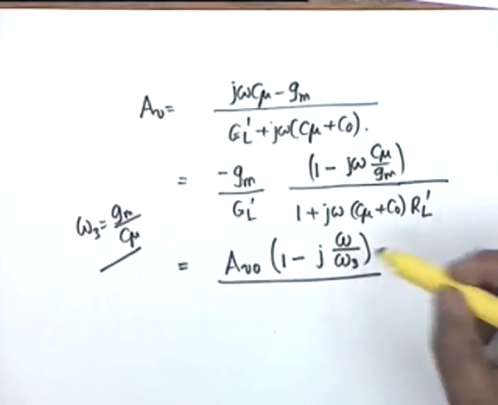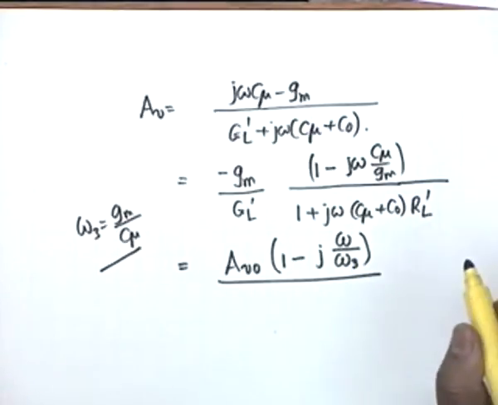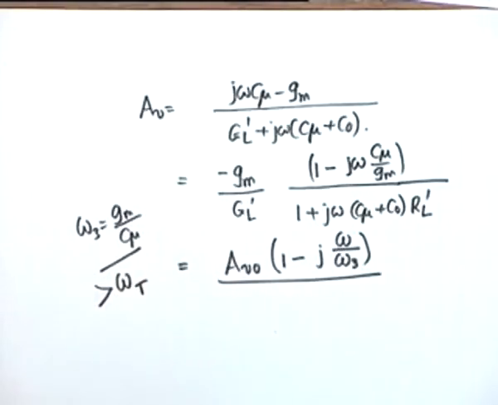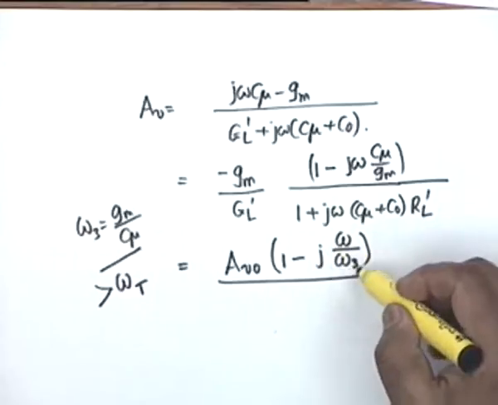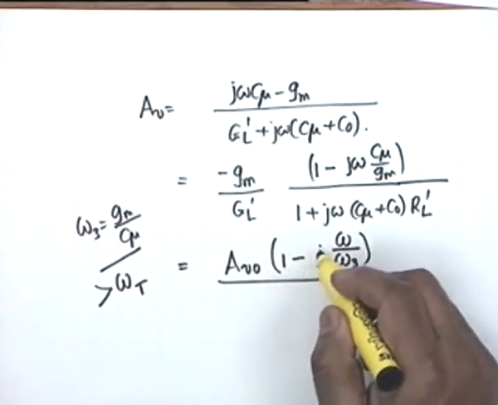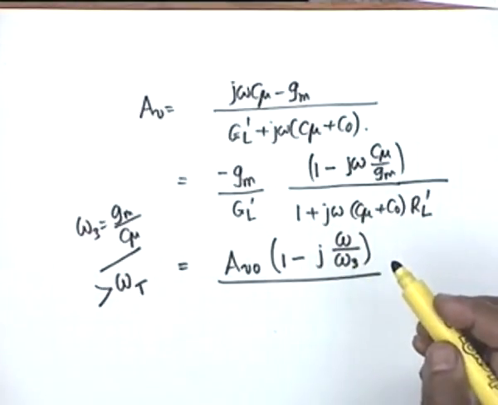omega 3 shall be a negligible quantity in the frequency range of operation. Is the point clear? Omega 3 is greater than omega t, the transition frequency, and we are going to operate the transistor much below the transition frequency, and therefore this quantity omega by omega 3 will be very small compared to unity, and in the numerator I can approximate this by 1.